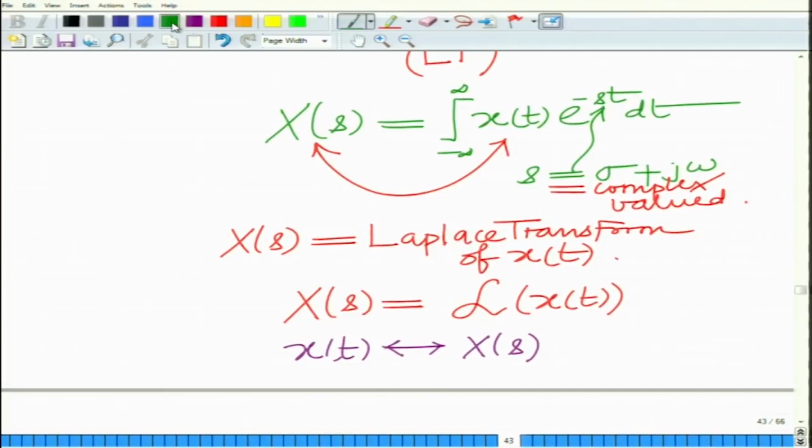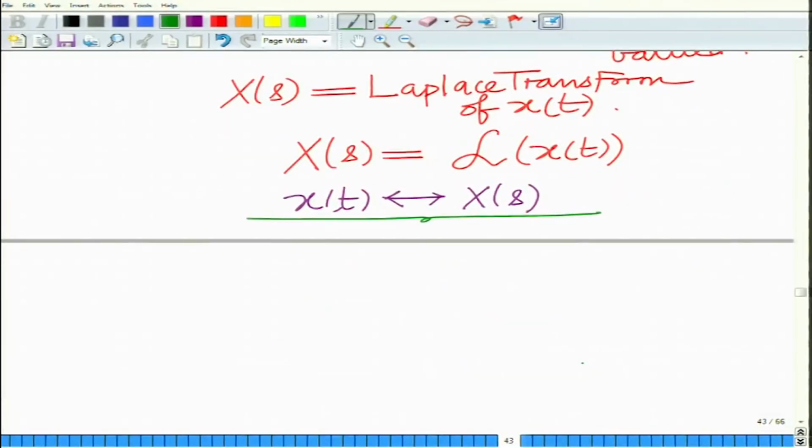This double sided arrow indicates that they form a signal slash Laplace transform pair.